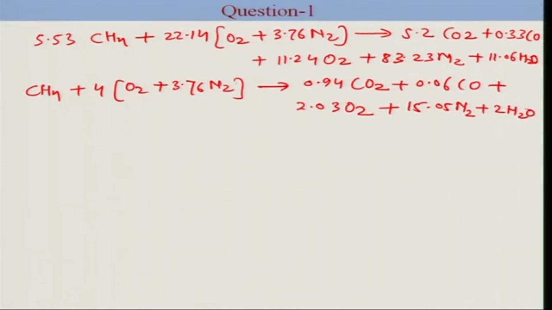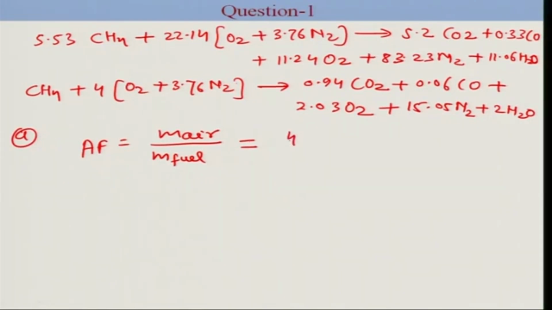Since we have been asked to calculate air fuel ratio, in the first part we have to calculate air fuel ratio, which is equal to mass of air divided by mass of fuel. So what is the mass of air?